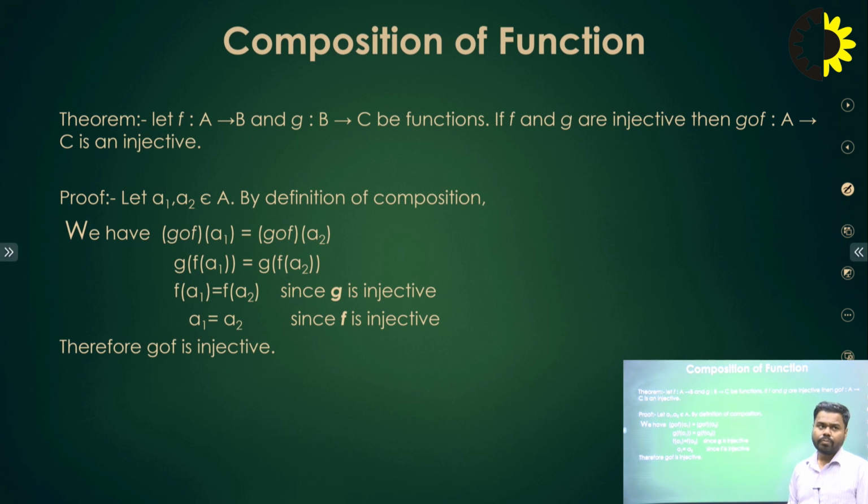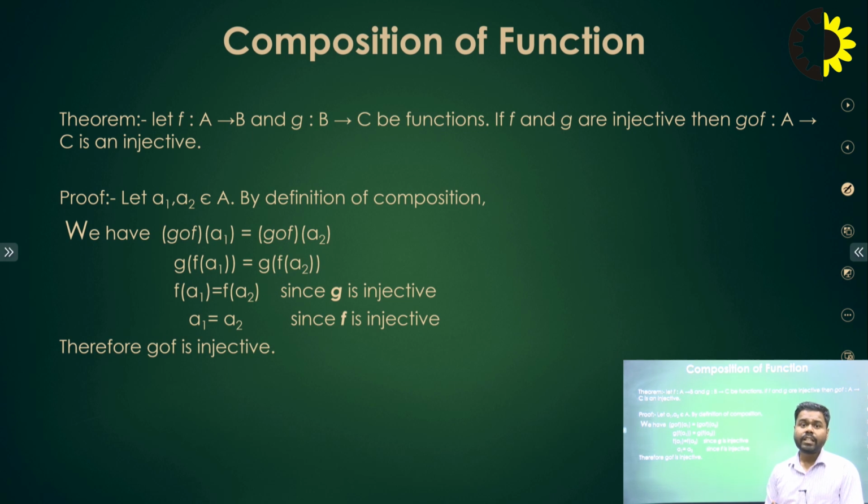the theorem in composition says: let function f be mapped from A to B and function g be mapped from B to C, and f and g are injective, then show that g∘f is injective. For the proof, what is an injective function? A one-one function.